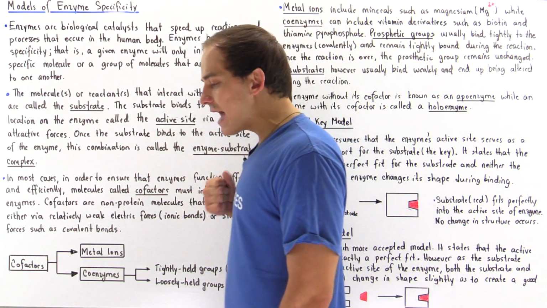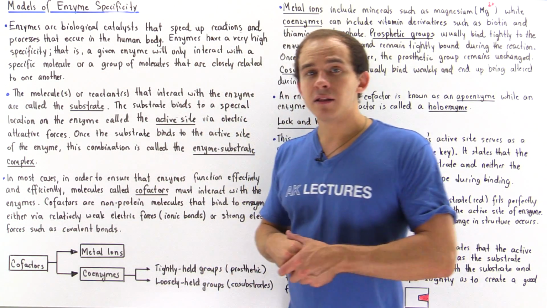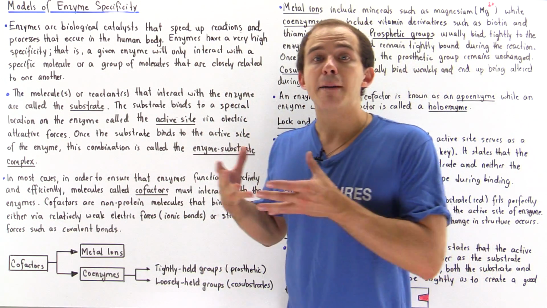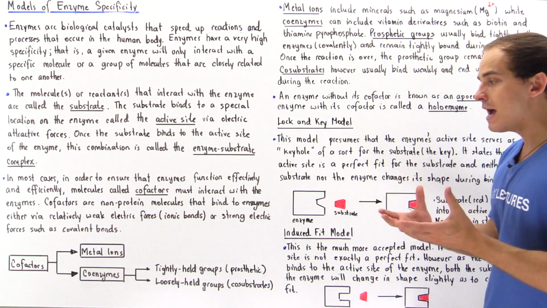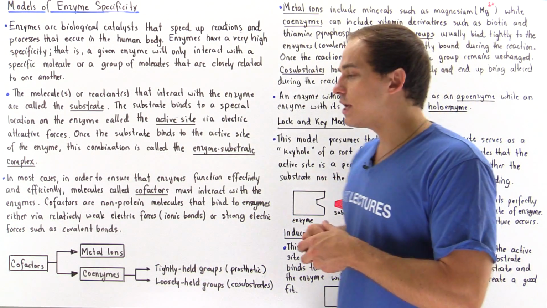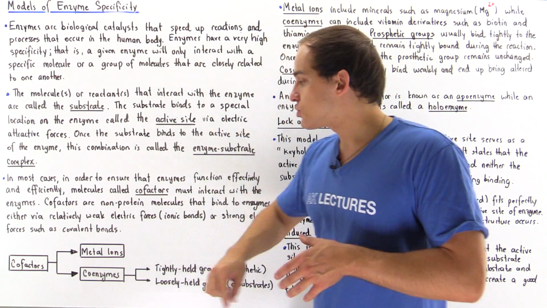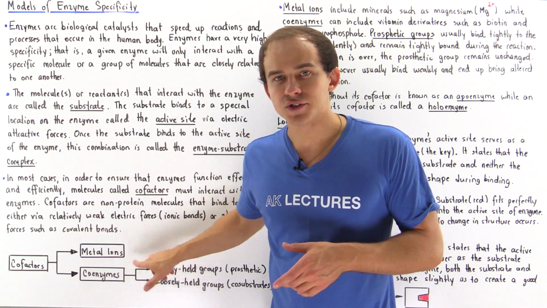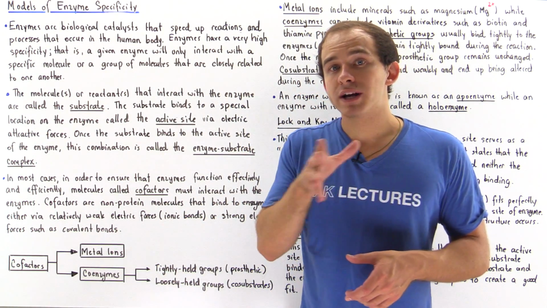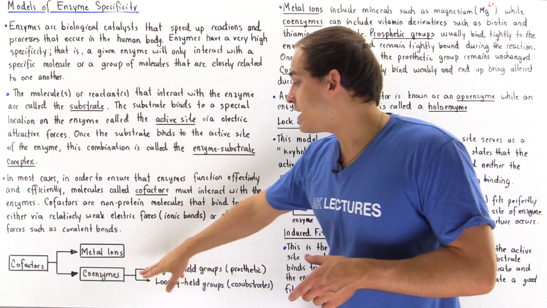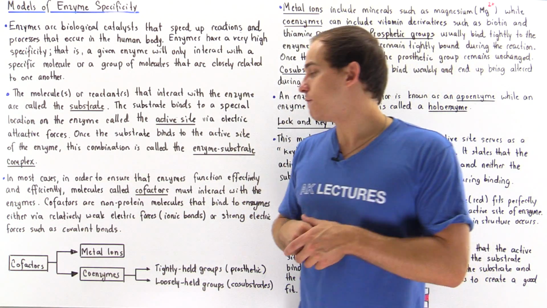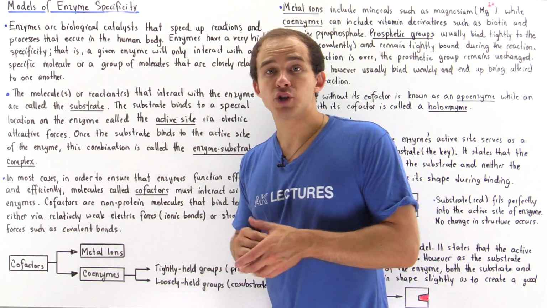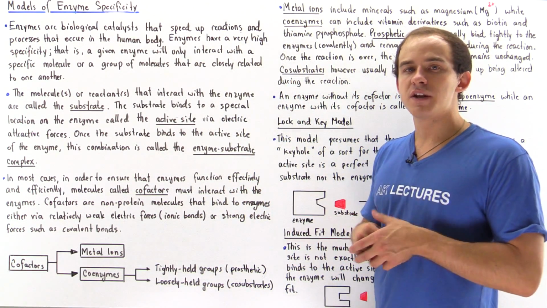So cofactors are non-protein molecules that basically optimize the activity of our enzyme, and cofactors can be broken down into two categories. So we have our metal ions, which are basically inorganic cofactors, and we have the coenzymes, which are the organic cofactors, and the coenzymes are usually vitamin derivatives.